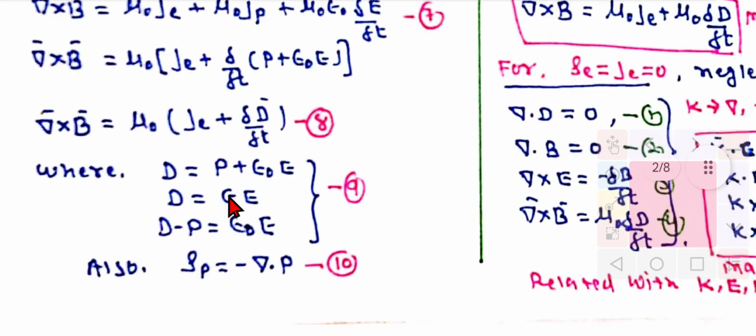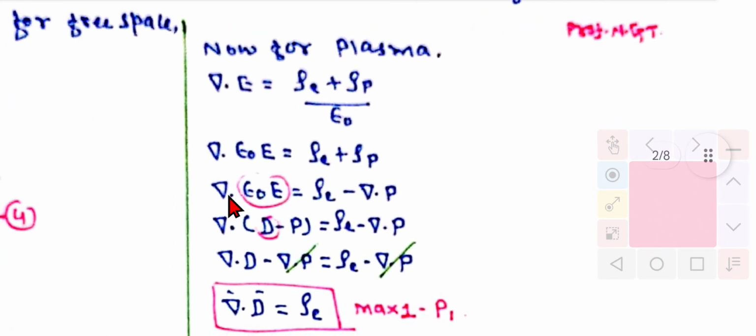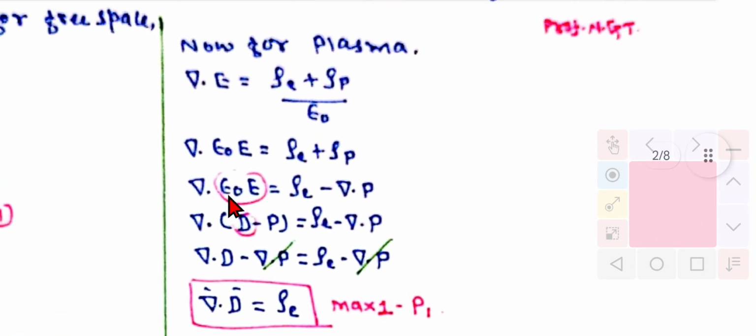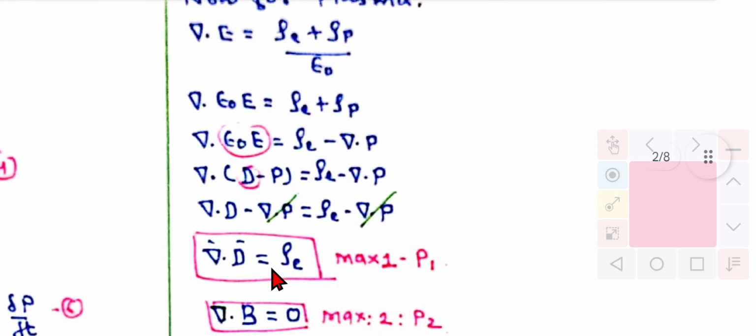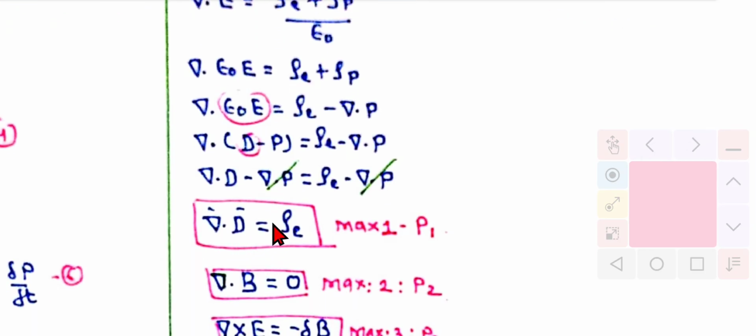So again, del dot D minus del dot P equals rho E minus del dot P, and del dot P cancels. So divergence of the displacement vector equals the free charge density.